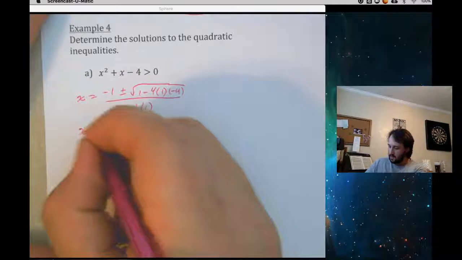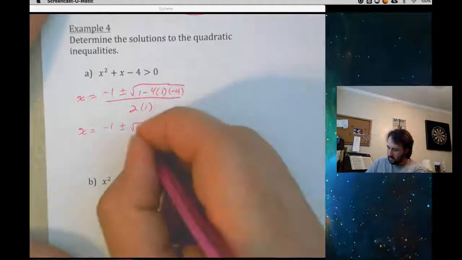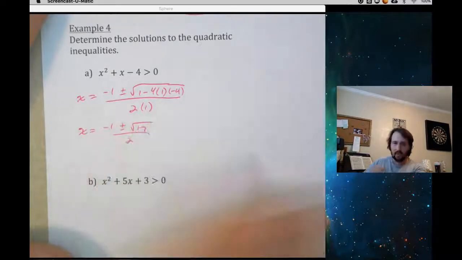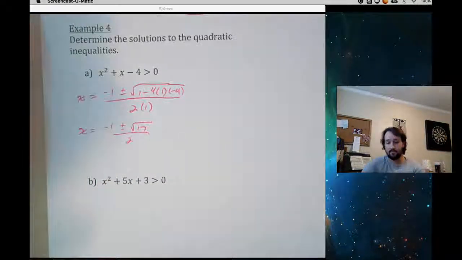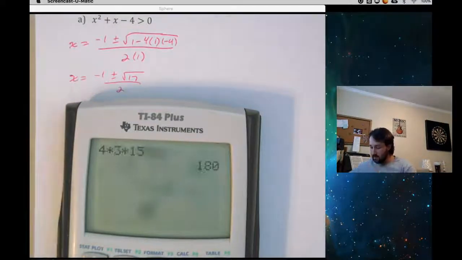So I have negative 1 plus or minus square root of, that would come out 17, all divided by 2. So in my calculator, I'm going to get the two decimal solutions so that I can figure out where it's going.